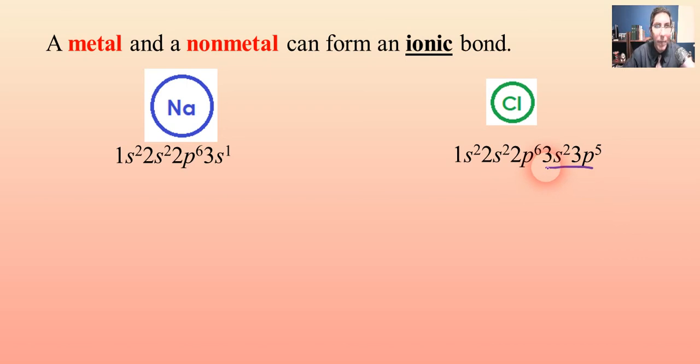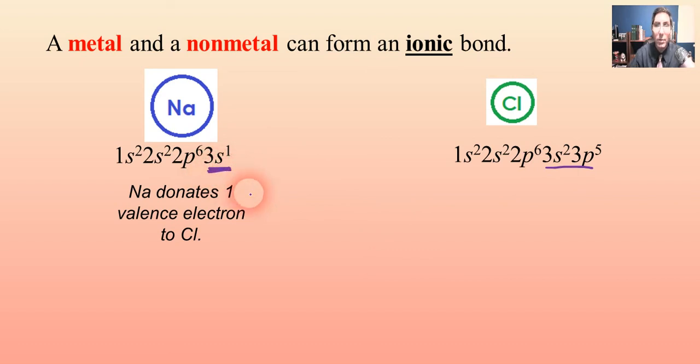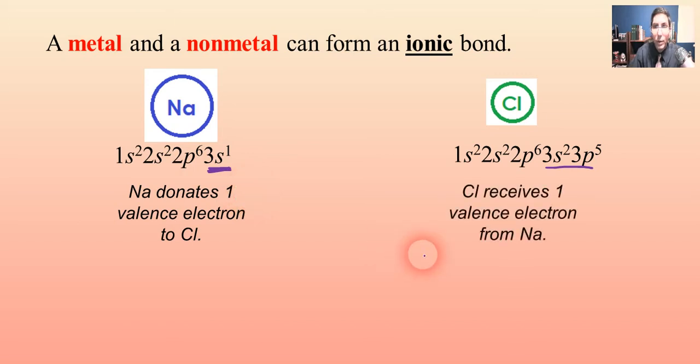And so what happens, as you might remember from first year chemistry, is sodium tends to lose an electron. It actually will donate that one valence electron right there to chlorine, and therefore chlorine is going to be receiving that one valence electron from the sodium.